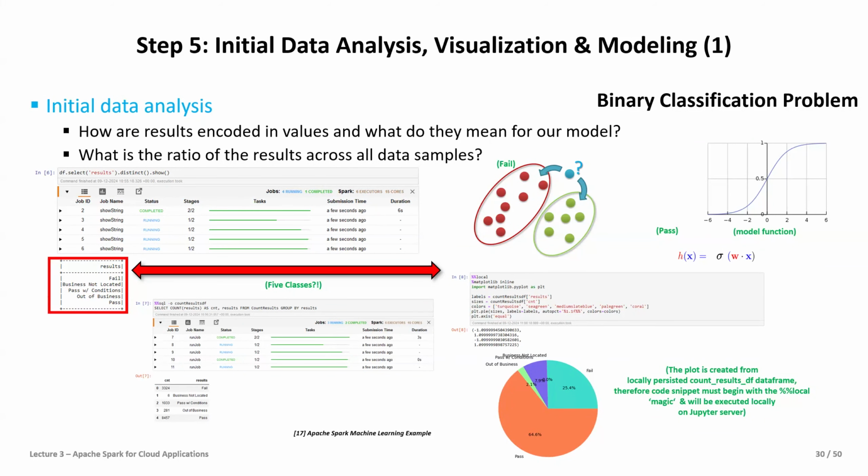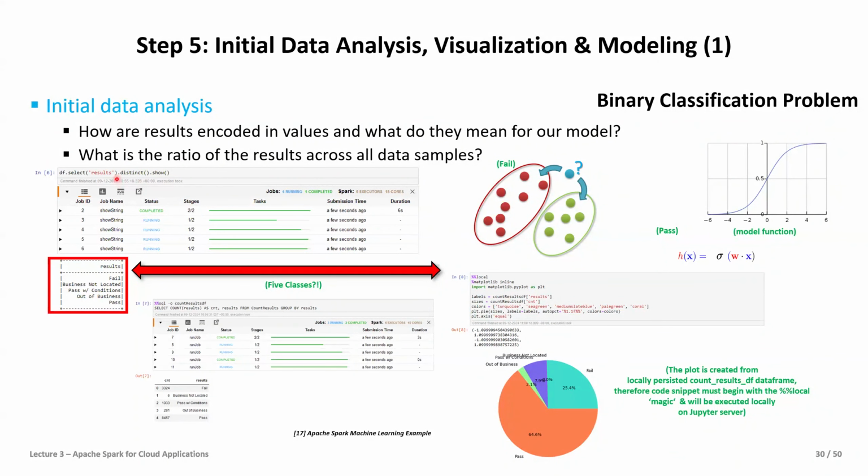So we said we have a binary classification problem. We said we want to use logistic regression for it. So it's a two-class problem, and we can use a logistic function. Now we look at the data set and the data samples a bit more carefully by using different data frame outputs to see the distinctness. So what about the results?